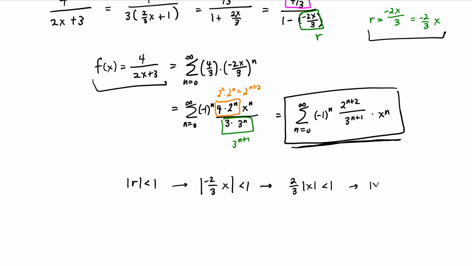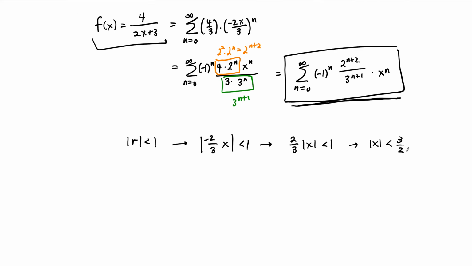And this tells us then that the absolute value of x should be less than 3/2. Okay? And so this is a symmetric interval around the origin, and our interval of convergence for this power series representation of this function is going to be negative 3/2 less than x less than 3/2.